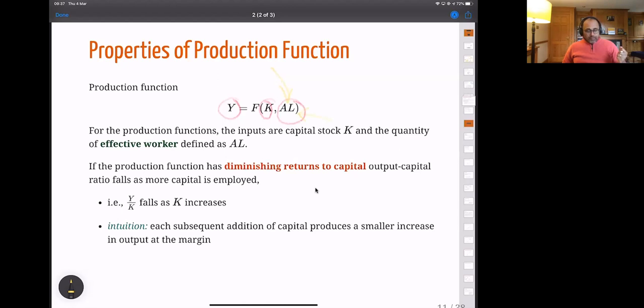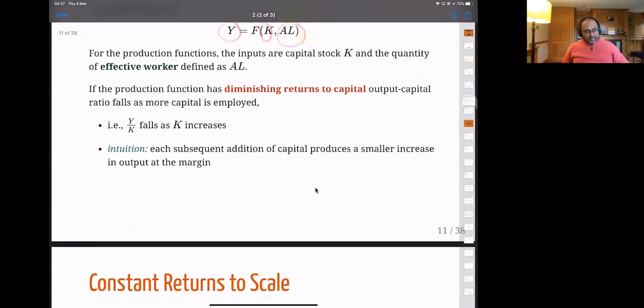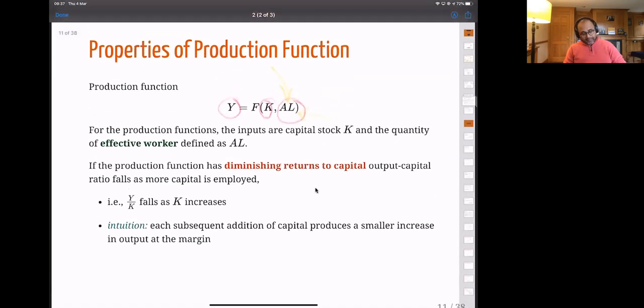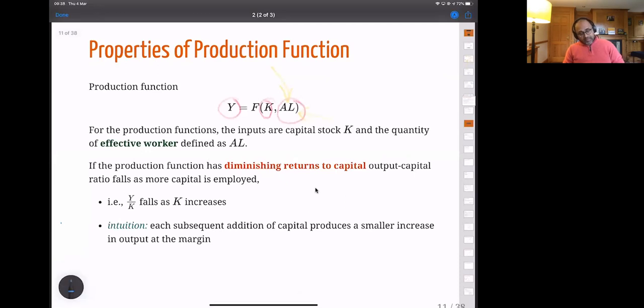Okay, so I'm just going to jump one slide and come back to this slide. As we talked about last time, if you have constant returns to scale, then you can say the following. The definition of constant returns to scale is that if you multiply all the inputs by lambda, your output will also get multiplied by lambda.